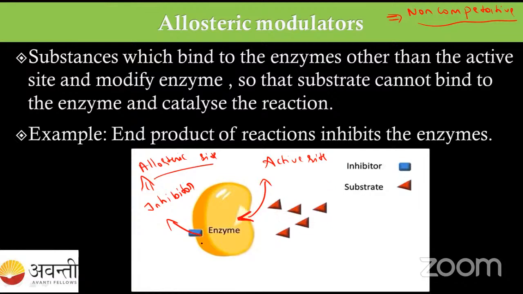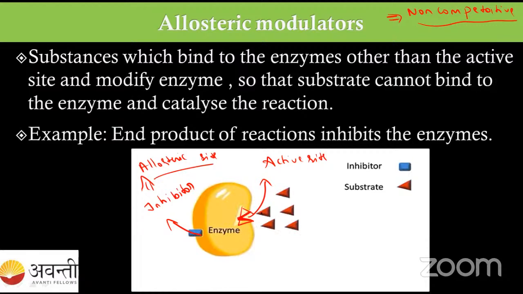Once the inhibitor binds to the allosteric site, the structure of the active site is going to differ, it is going to be damaged. See here, the V shape. Now the inhibitor will bind and change the shape, right? So now this is the shape. So now the substrate cannot come and bind tightly to the active site. So that's the reason.